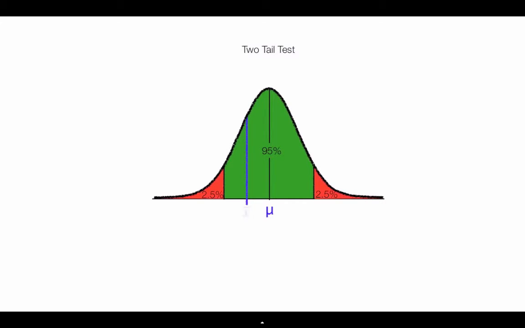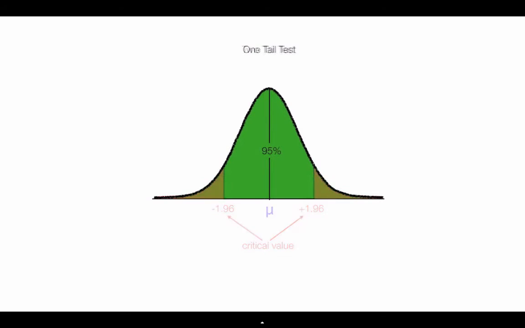There is a 95% chance the sample mean will be in the green area, a randomly selected sample mean. There is a 2.5% chance the sample mean will be in the bottom tail, and there's a 2.5% chance the sample mean will be in the upper tail, right there. Now at a 95% level, there's critical values, and these are z-scores, negative 1.96 on the left and positive 1.96 on the right.